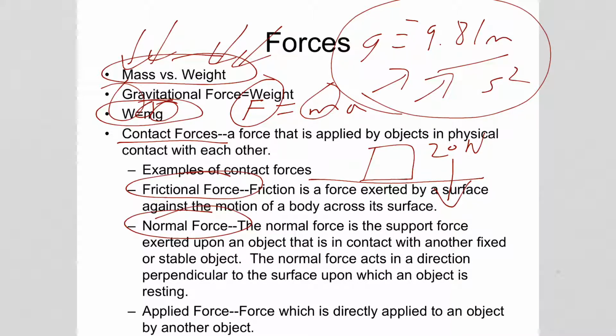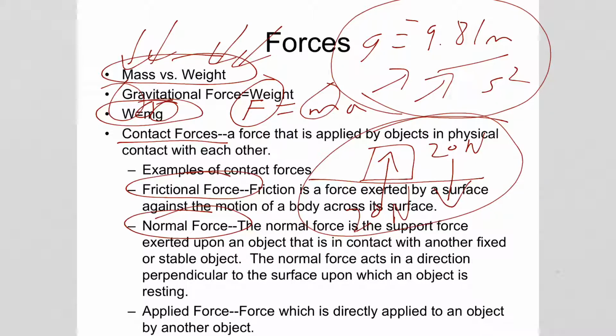According to Newton's third law, the ground has to push back up with an equal but opposite force of 20 newtons. So when an object is on a flat surface, the normal force is equal but opposite to the weight or the force of gravity. Now, when we get on inclines, that will change. We'll deal with that later.